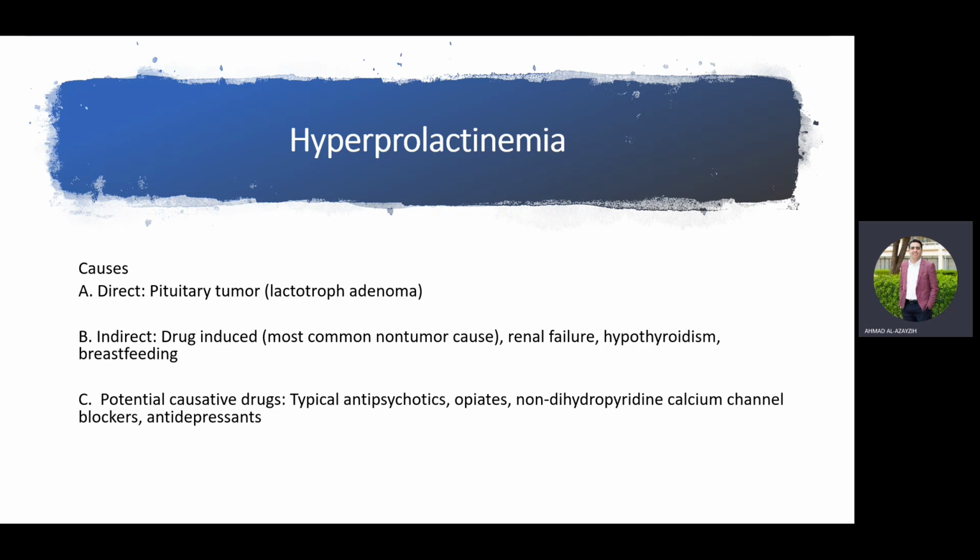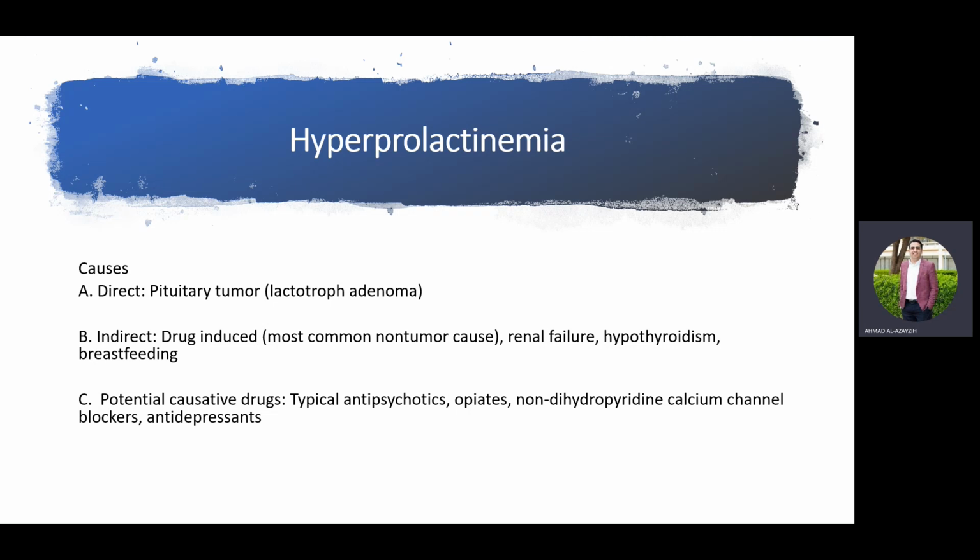What are the drugs that can lead to an increased level of prolactin? Actually, those which work as antidopaminergic agents could increase the level of prolactin, like typical antipsychotics, opiates, non-dihydropyridine calcium channel blockers, as well as antidepressant agents. These drugs can lead to hyperprolactinemia.